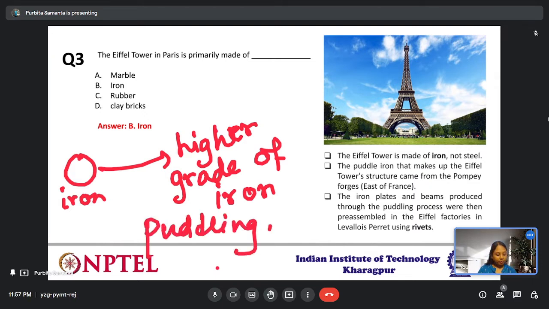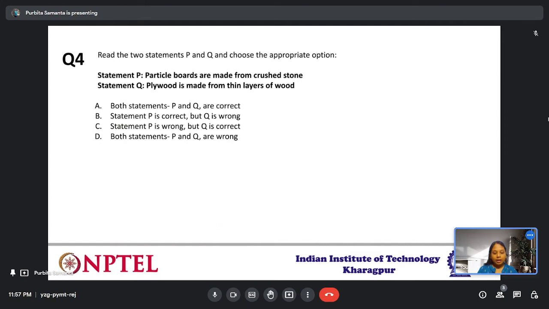Okay. Now moving to our next question. So here we have two statements. Statement 1 or statement P stating that particle boards are made from crushed stone, and the second statement, that is statement Q, it is saying that plywood is made from thin layers of wood.